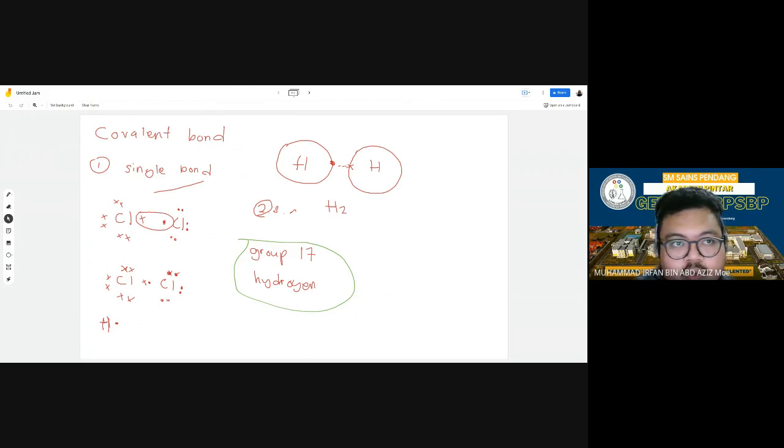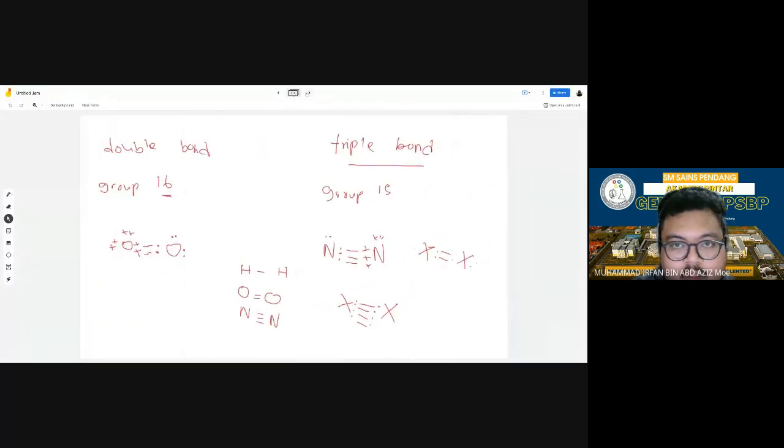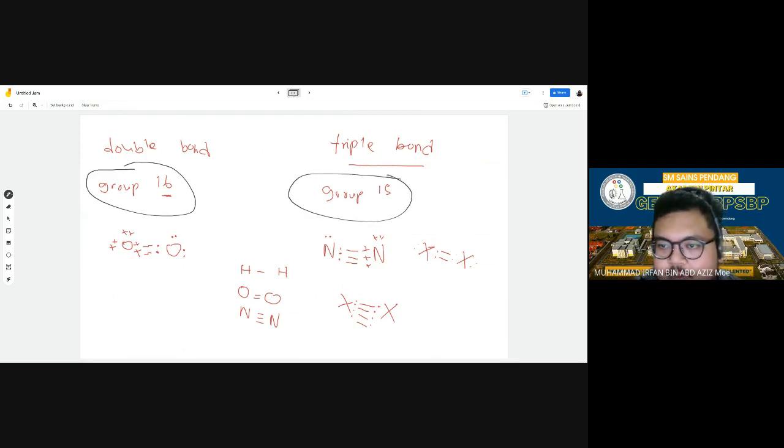So untuk double bond, O2, oxygen, because it is in group 16. Remember yang cikgu dah tunjuk, 2 weeks ago. Double bond is for group 16 only, for the same elements. And for triple bond, it is group 15, if the same element.